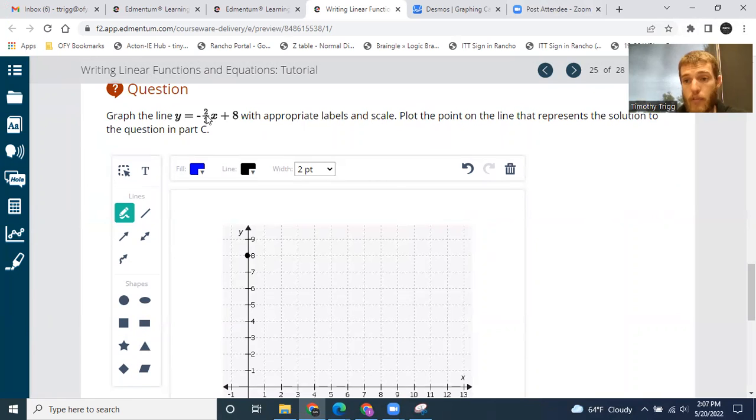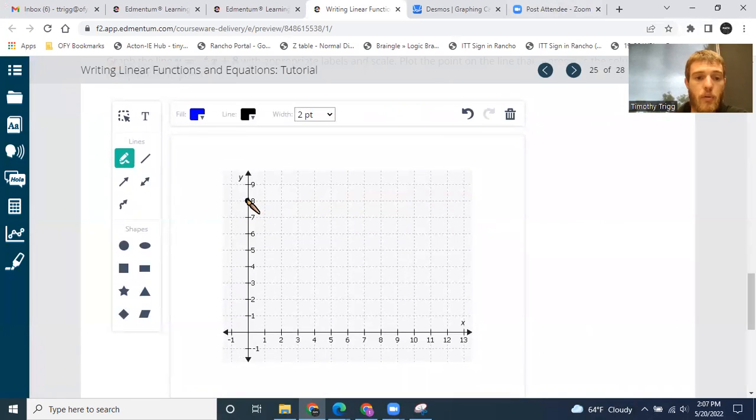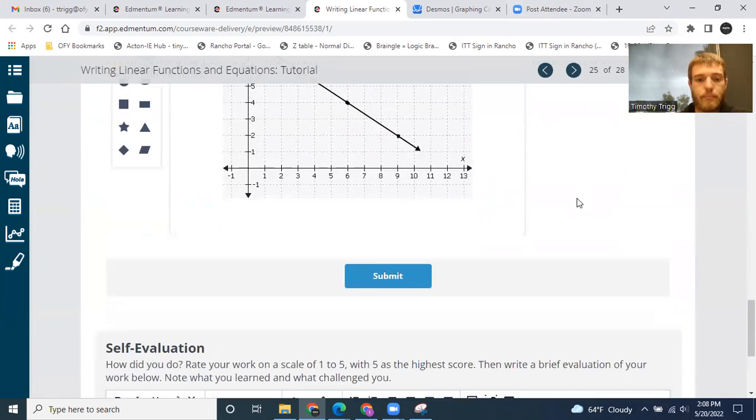Then from that point, we're going to use our slope to help us. So we're going to go down 2 over 3. Down 2 over 3. And you should see that if you continue down this pattern, notice the points all line up. That's good. That's what we want. So we could just draw that just like that. And there you go.